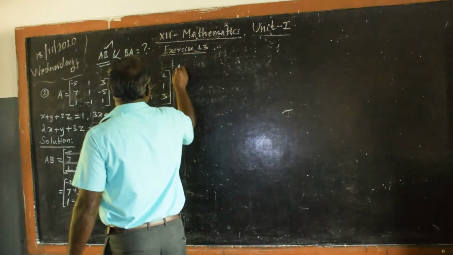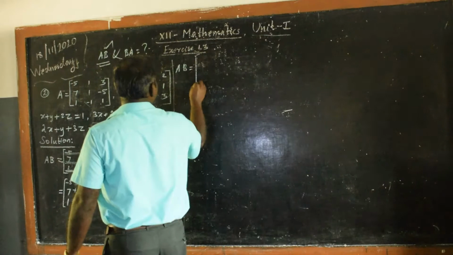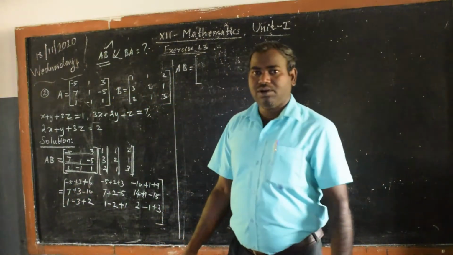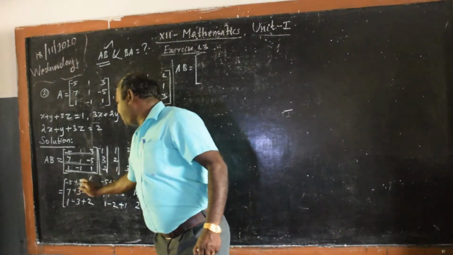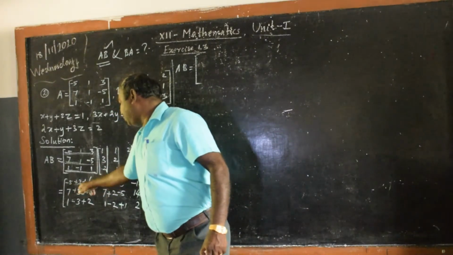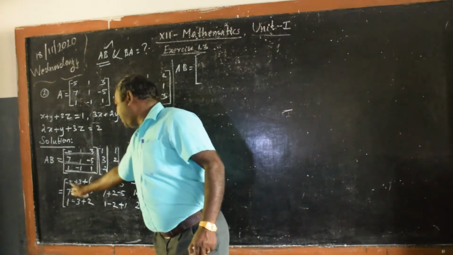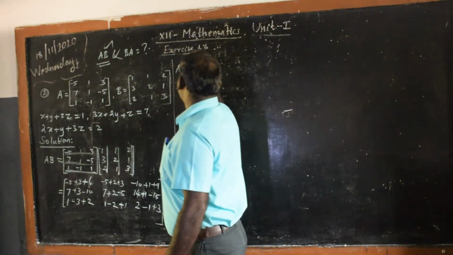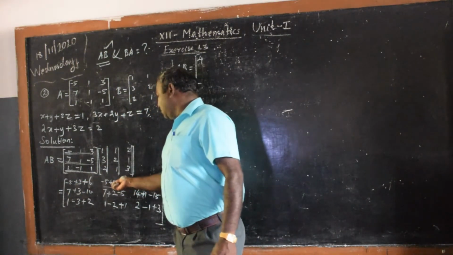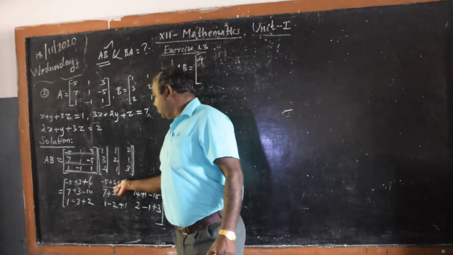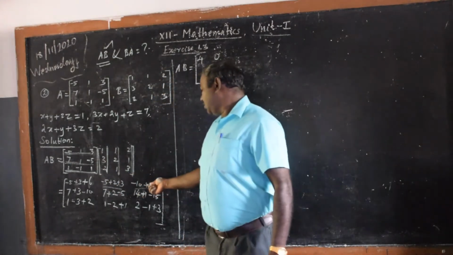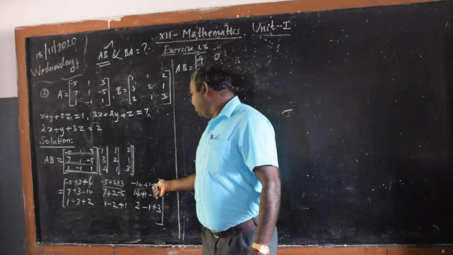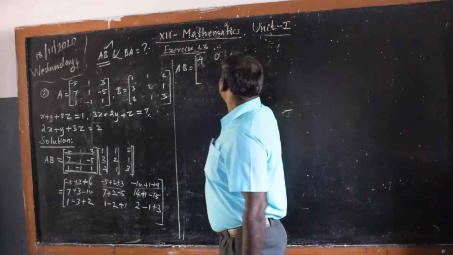So AB equals minus 5 plus 3 plus 6. 3 plus 6 is 9, 9 minus 5 means 4, so 4 in this place. 2 plus 3 is 5, 5 minus 5 is 0. In this place 1 plus 9 is 10, 10 minus 10 is 0.